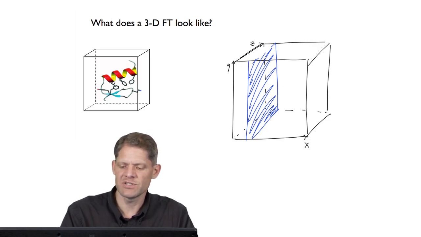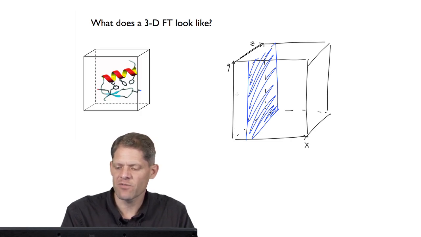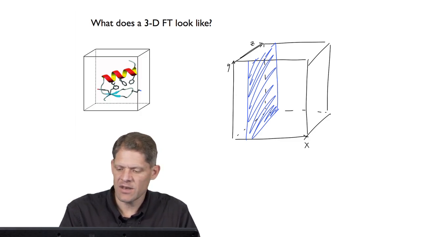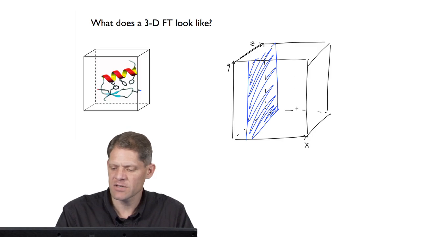So the x equals 0 face here, the wave could travel from here across the box this way. And it could start at 0 along this face, and as it moves across, it reaches a maximum of 1. Then halfway across the box, here in the midsection, it would be back to 0.